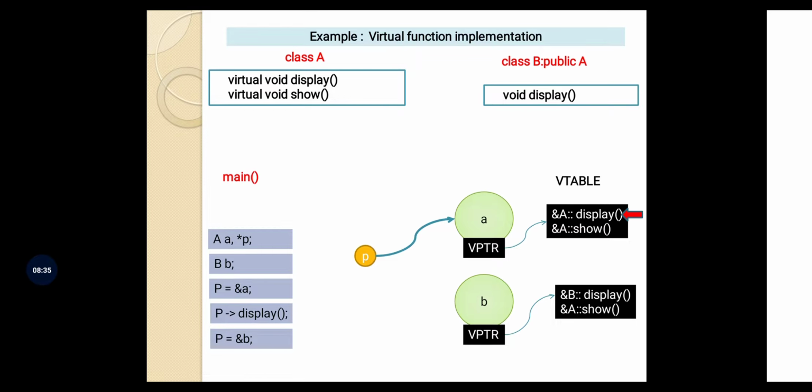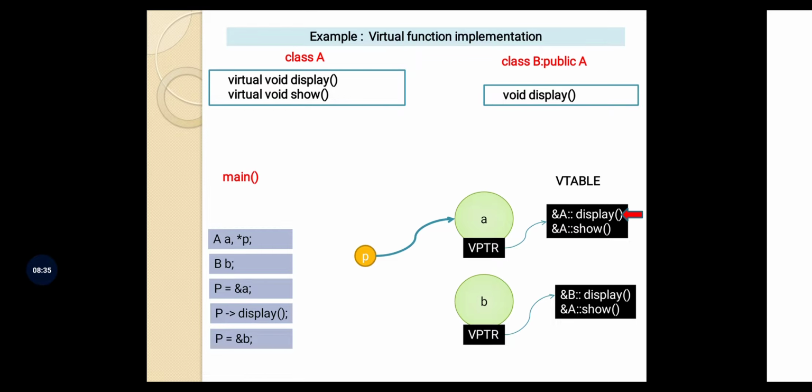So hopefully you have understood how a virtual function works and how two extra elements come into the picture when we are implementing a virtual function, that is a virtual table and a virtual pointer. Just another point that I would like to make.